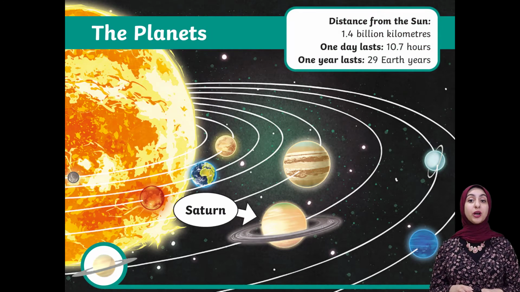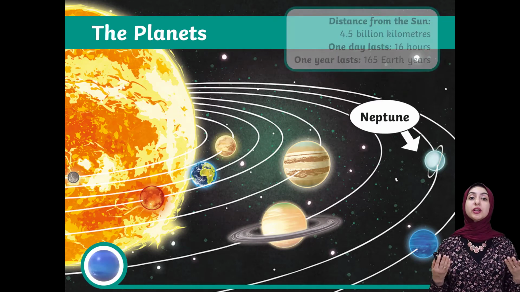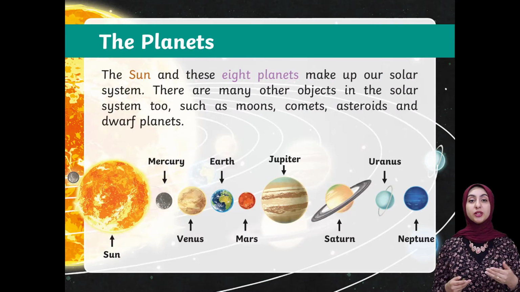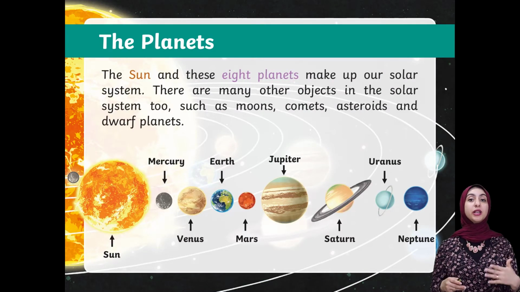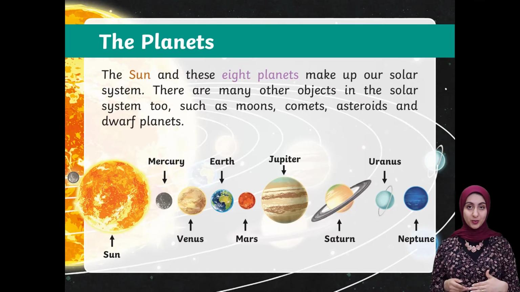And the seventh one, Uranus. And the last one is Neptune. So the Sun and these 8 planets make up our solar system. There are many other objects in the solar system too, such as moons, comets, asteroids, and dwarf planets.